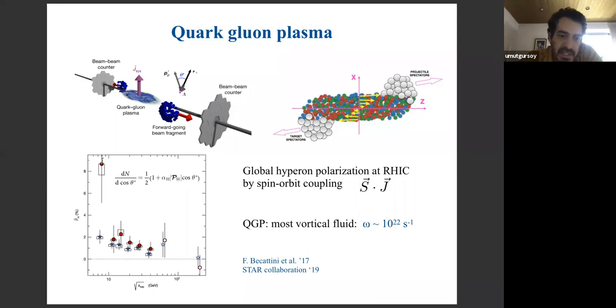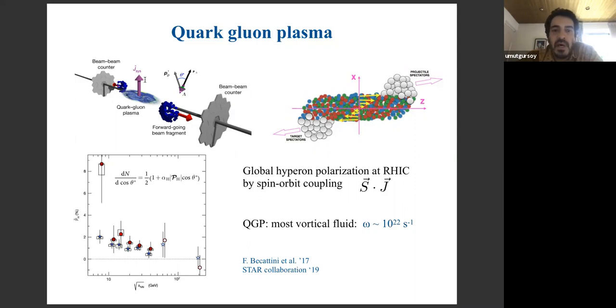Here in this picture, the red dots are lambda bars, the anti-hyperons, and the blue dots are the hyperons. There's a difference between them in the polarization, because there's also a magnetic field in the system. But the point of this experiment was that both of them are non-zero. They argue in this paper that this is because of spin-orbit coupling.